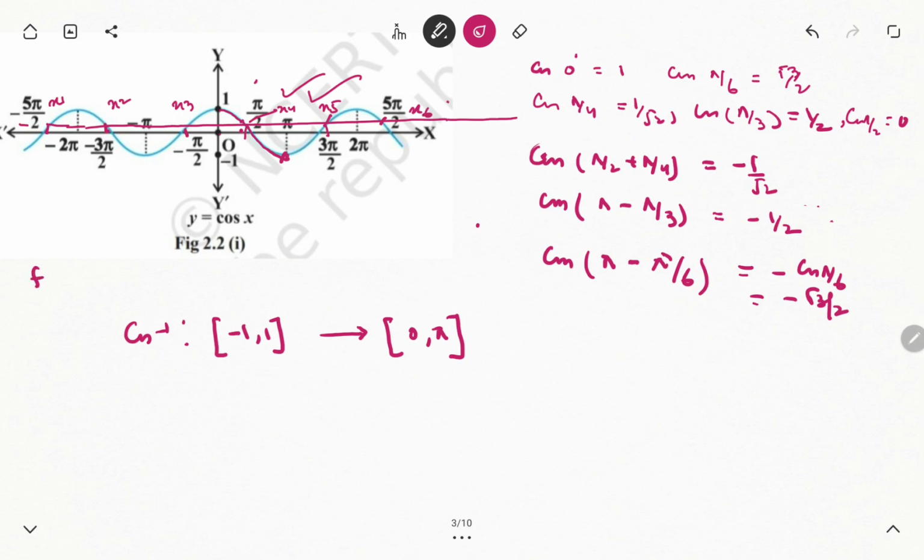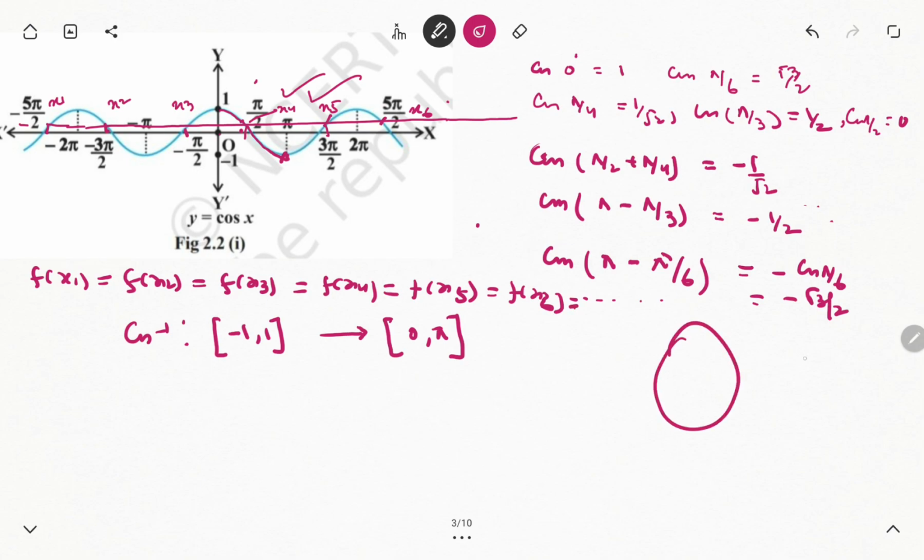So what we are getting is f of x1 is equal to f of x2 is equal to f of x3 is equal to f of x4, f of x5 is equal to f of x6, and so on. Infinite points you are getting. So if infinite points have the same image, the function is not 1-1.